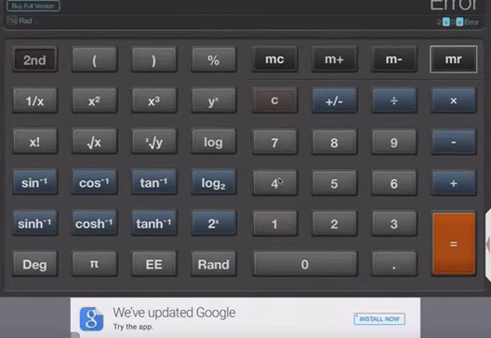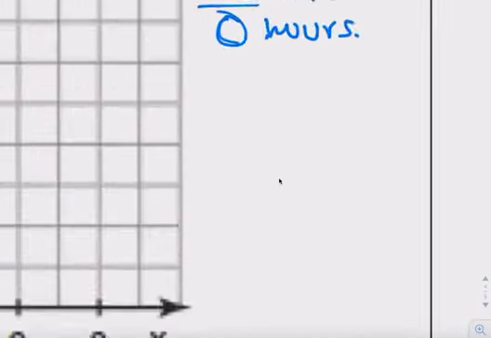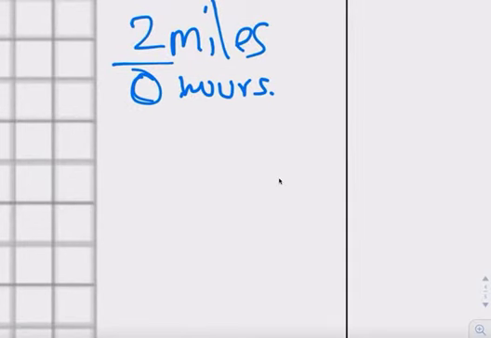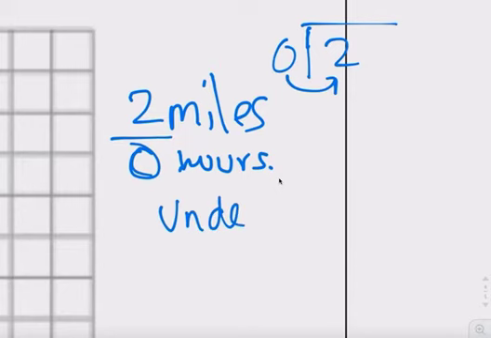Error. Error means undefined, okay? In math, it means undefined. You get an error because 0 can't divide into 2. It's not possible. There's no 0 times anything to make 2, so we call this undefined. That means someone made a mistake.